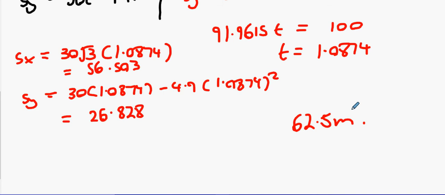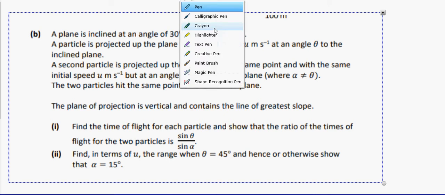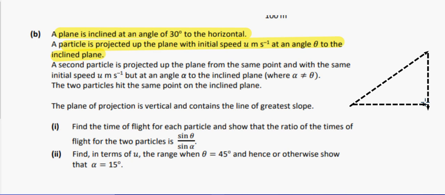Got that? Now, I'm just going to read through the next one and see if there are any tricks. A plane is inclined at 30 degrees to the horizontal. A particle is projected up the plane with speed u at angle theta to the inclined plane. So look, it's a standard setup, nothing you haven't done lots already.